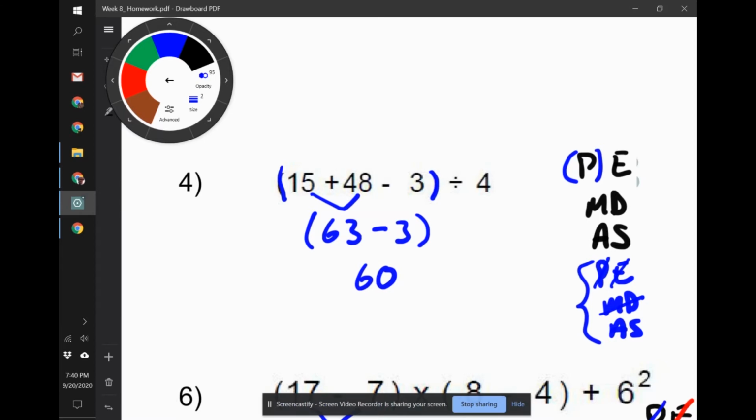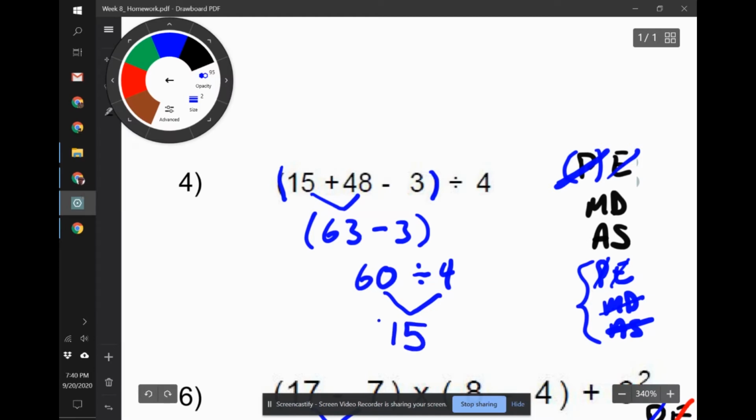Now we can get rid of my blue set of parentheses. It's done. Now I look to see, are there any exponents? No. There is multiplication, division though. And 60 divided by 4 would be 15. Here we're done because there is no addition, subtraction.